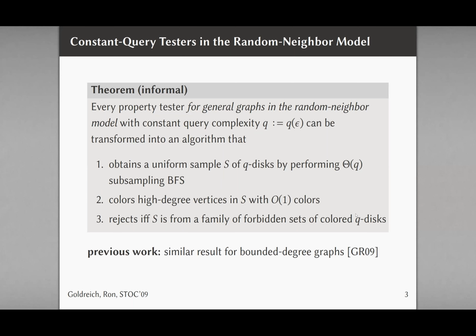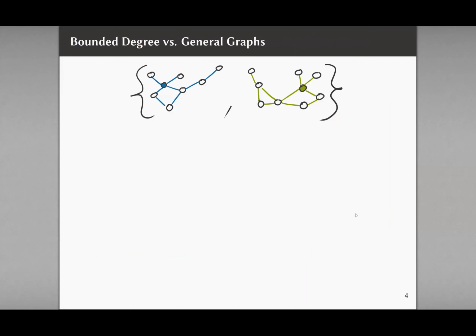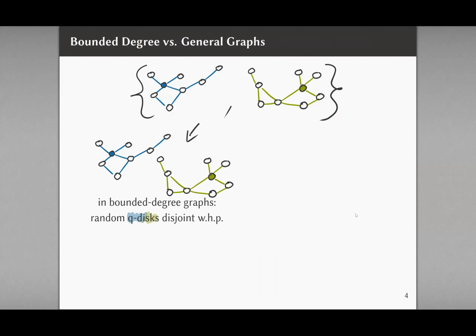Previously, this was only known for bounded degree graphs, and now you might ask, okay, why is this interesting, and why is this harder than bounded degree graphs? Let me just quickly explain. For bounded degree graphs, you can almost always assume that if you just sample 2 Q-disks, then these Q-disks, if they are random, starting at random vertices, they are disjoint, because bounded degree graphs have bounded degree, and so it's very unlikely that you'll see the same vertex twice.